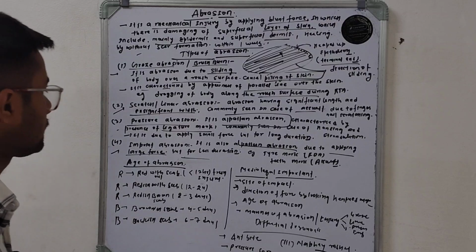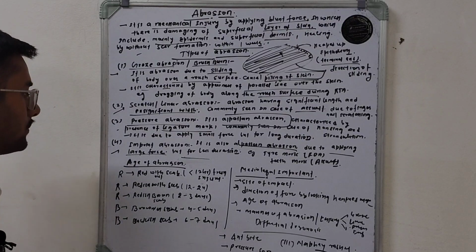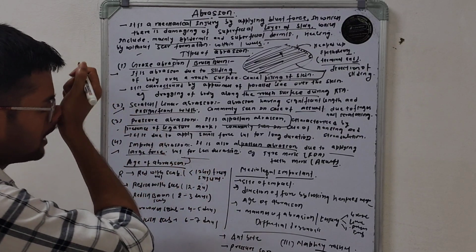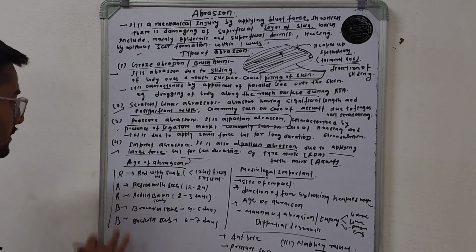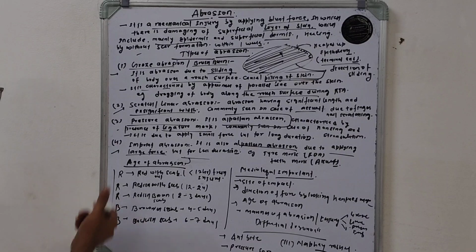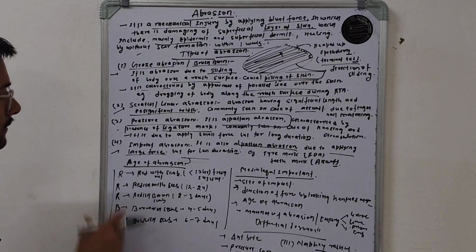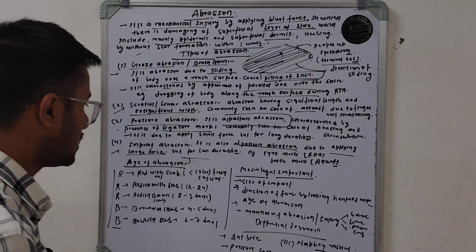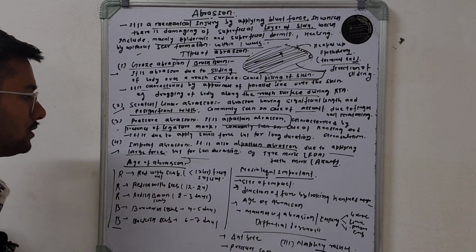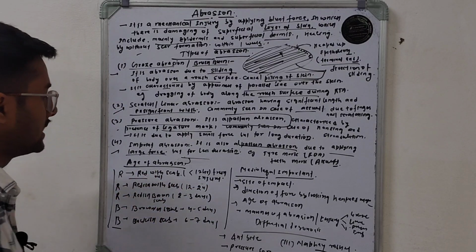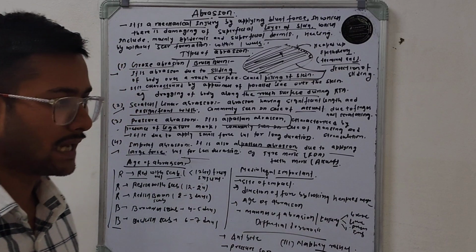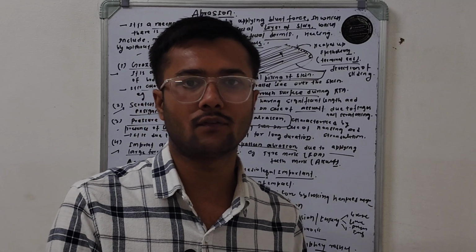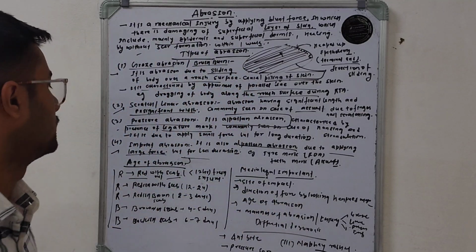So this is the common difference between imprint abrasion and pressure abrasion on the basis of the extent of force applied. The next important topic is the age of abrasion, and this is written in the form of the mnemonic RRBB. If the duration of abrasion is less than 12 hours, it appears red without a scab. What is a scab? A scab is a collection of clot and tissue fluids.